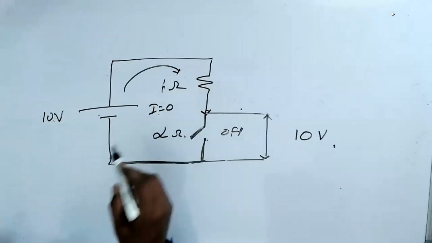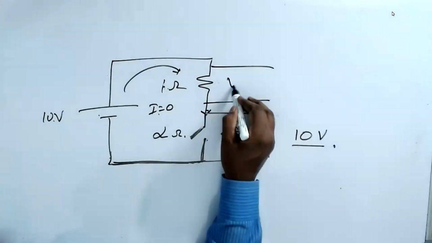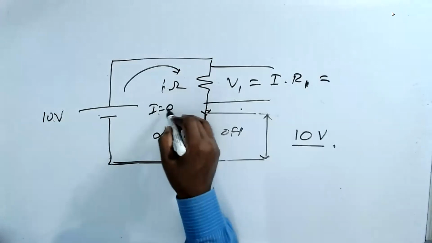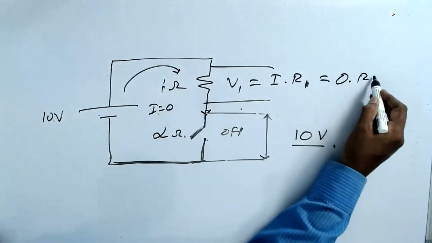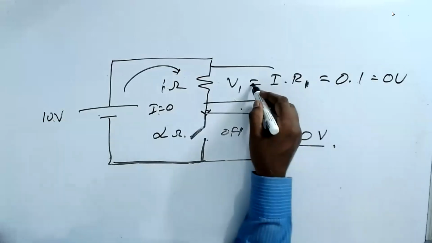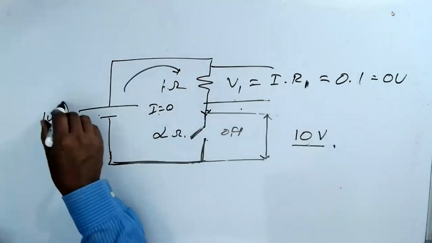When I is 0, I got 10 volt here. How come? This is V1. V1 is equal to I into R1. I is 0. 0 into 1 is equal to 0 volt. So this is 0 volt, and this is 10 volt. 10 volt plus 0 is 10 volt.